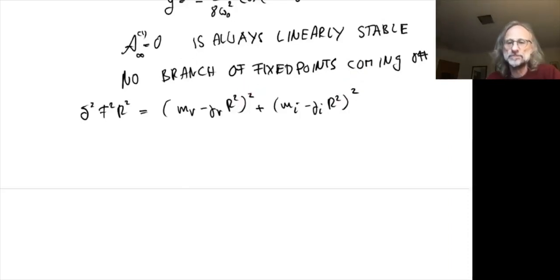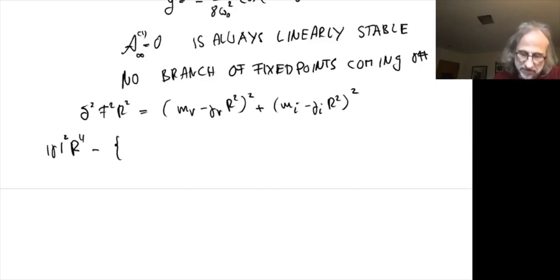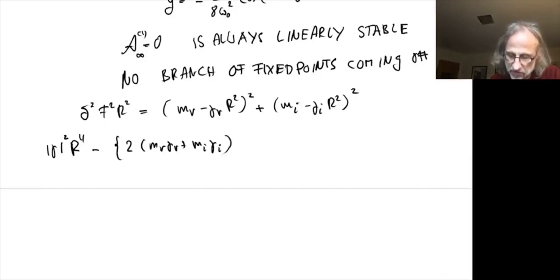And so therefore, when you sort it nicely, you get r to the 4th times gamma squared minus, and now you get some curly bracket kind of business. Maybe I should write it down once. Again, I'm just copying this, because this is just algebra that you don't have to think very hard about.